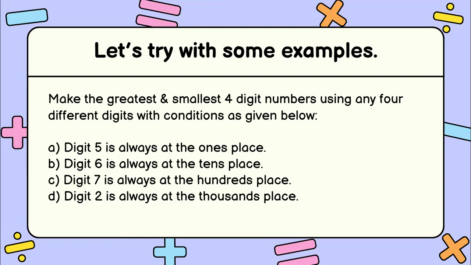For the C sequence, digit 7 is always at the hundreds place. And for the D sequence, last but not least, digit 2 is always at the thousands place. But keep in mind, these conditions matter for the answer and there is no repetition in this question. Different digits. Pause the video, take your time, solve it, and come back.